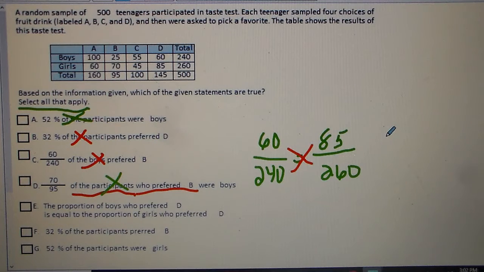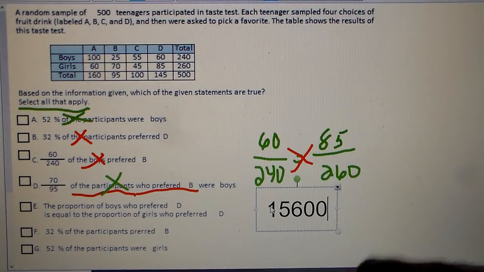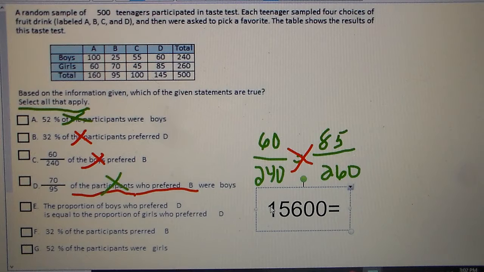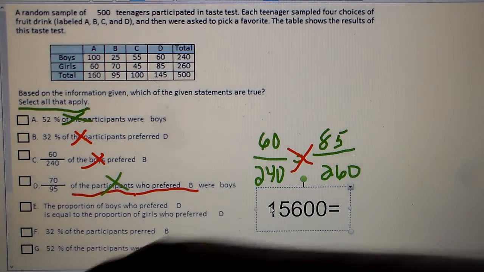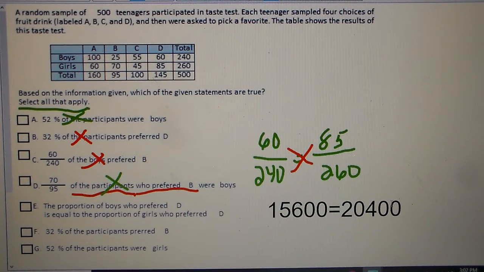So we have 60 times 260 gets you 15,600, and that's equal to 240 times 85, which is 20,400. Clearly they're not equal to one another, so that one's incorrect also.